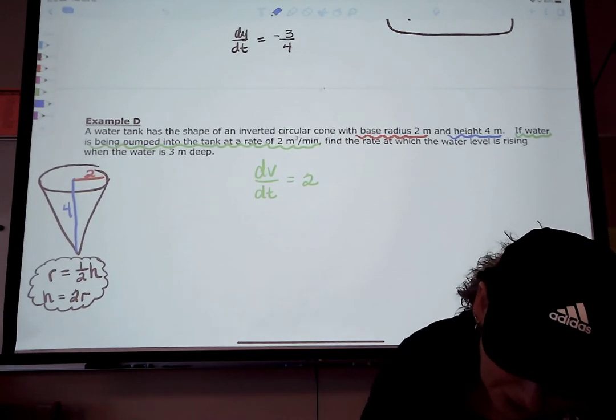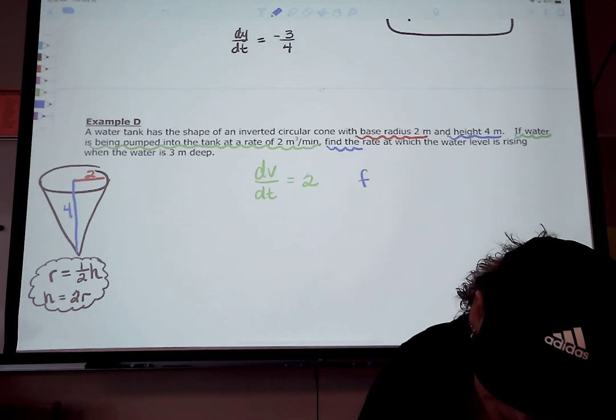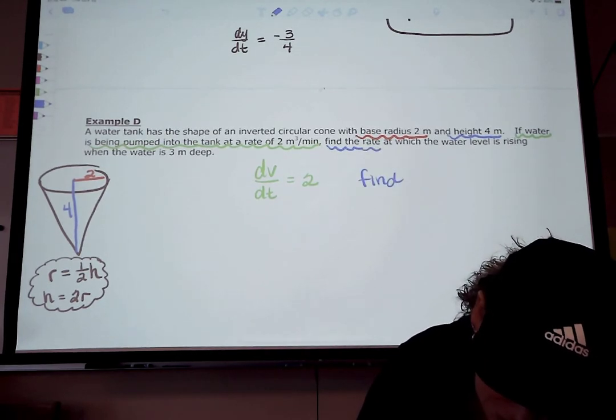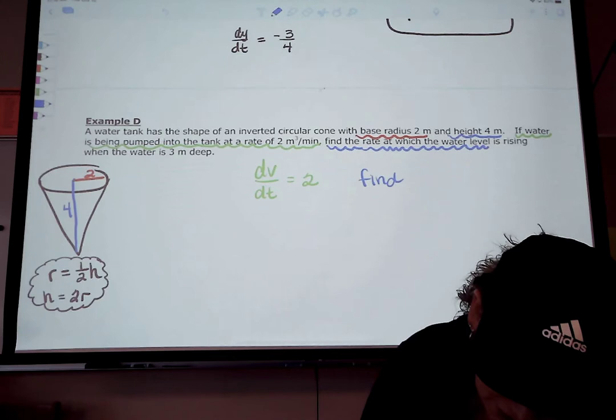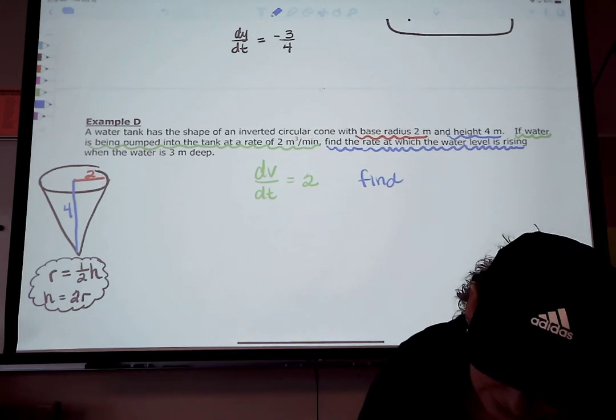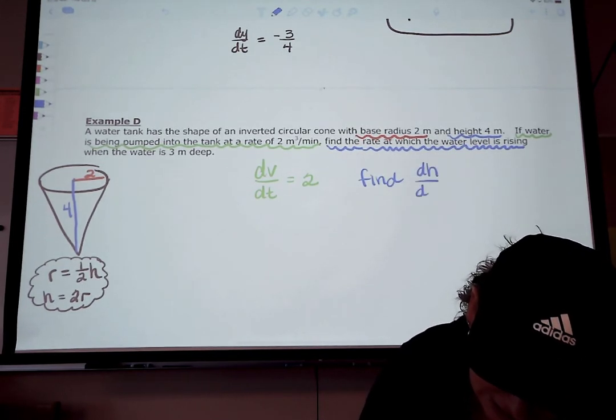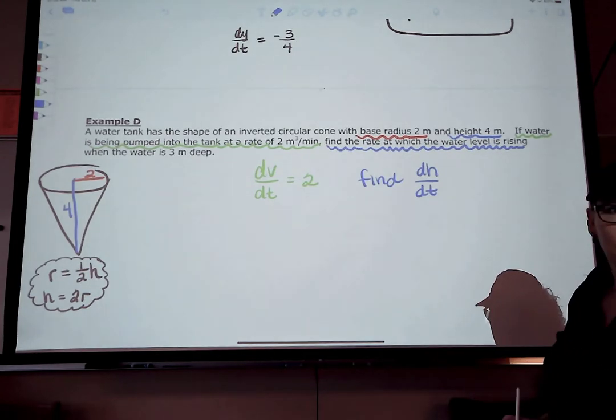Okay, find the rate at which the height, dH/dt, can you all pull that out of there?